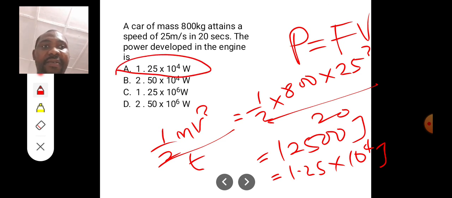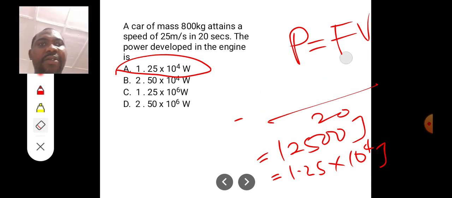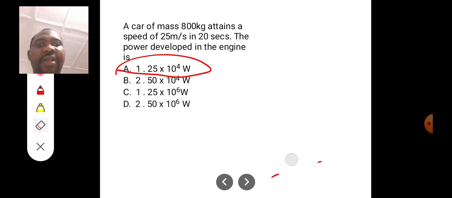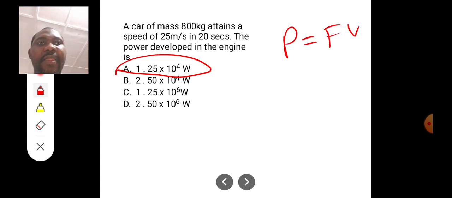That's beautiful. But I would like to also say this, that you can also solve this using work done over time. That's what we did. You can also use the formula power is force times velocity, P equal to Fv. Here now, the force can be mass times acceleration.